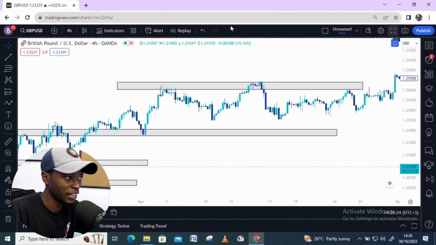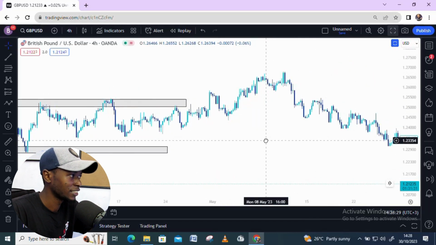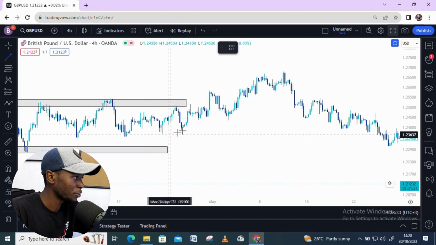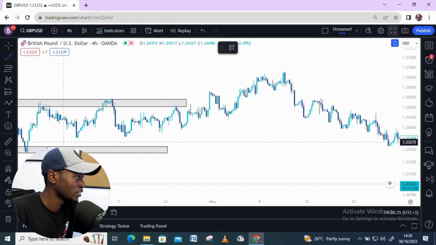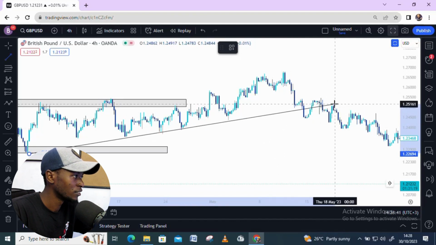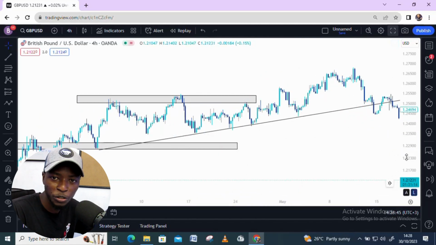In our market, let's first identify our trend line. This is how you identify a trend line. How do we know this is a trend line?